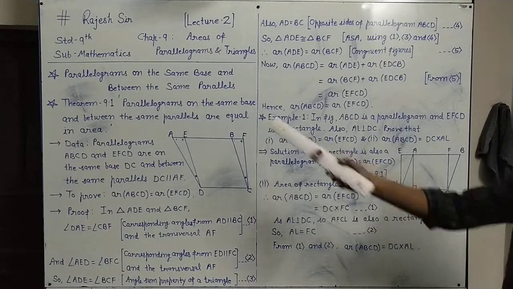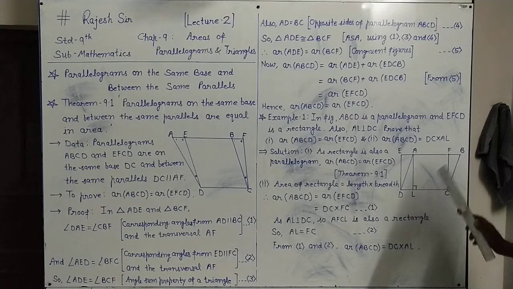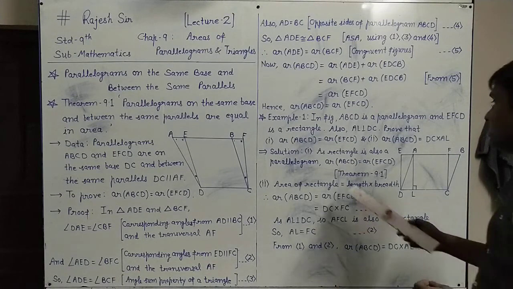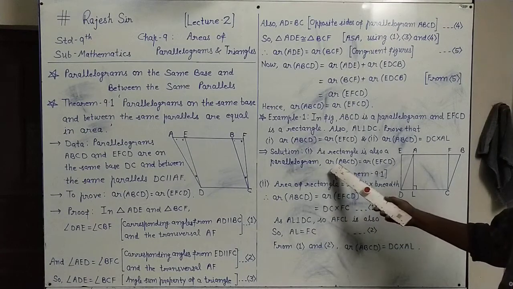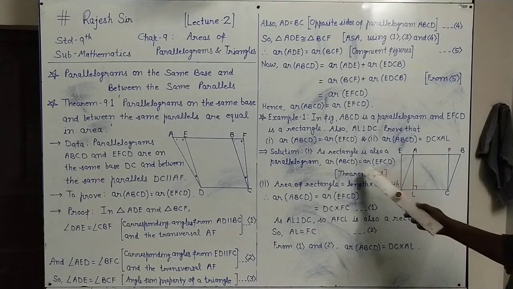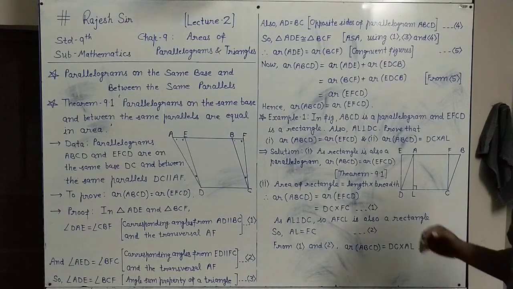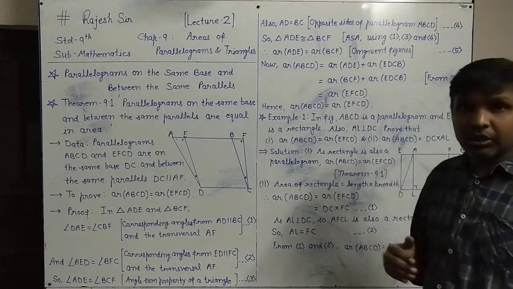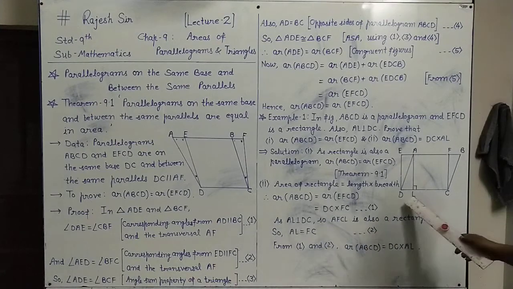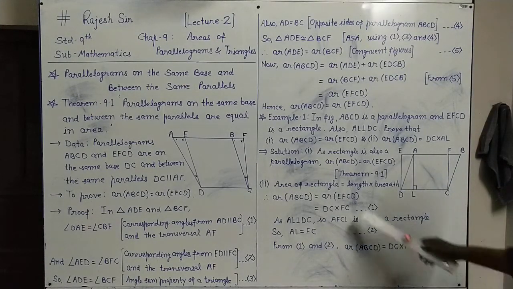So from theorem 9.1 both parallelograms will have the same area. Here we have written directly area of ABCD equals area of EFCD because they are on the same base DC and between the same parallels EB and DC, from theorem 9.1.